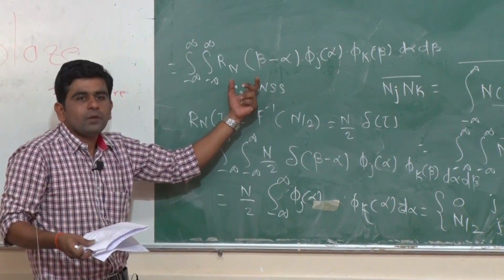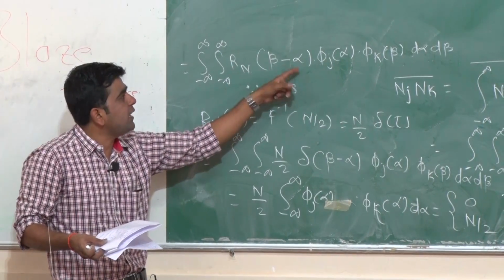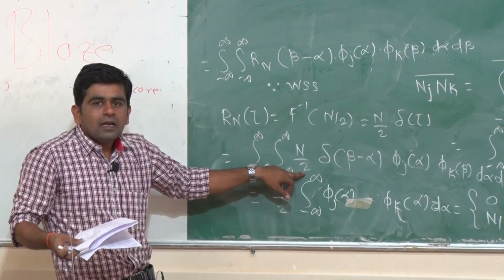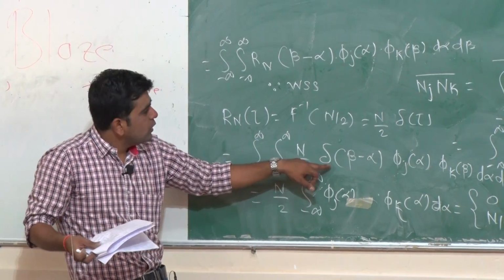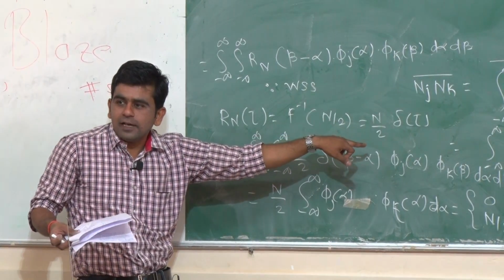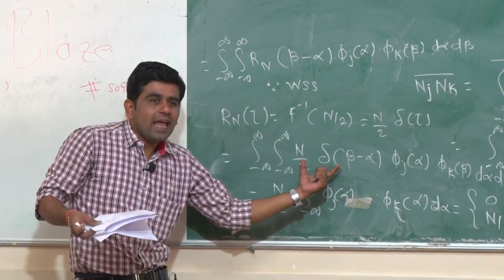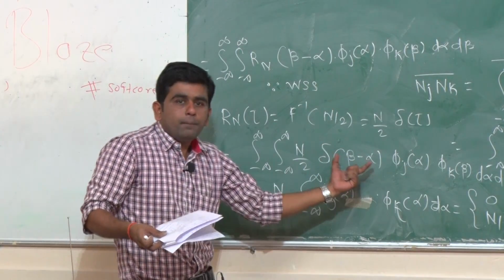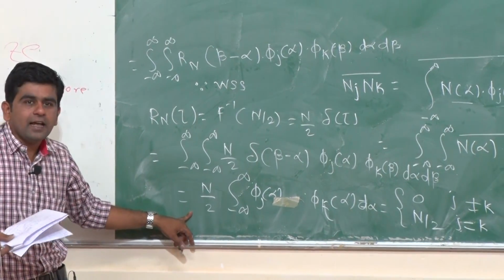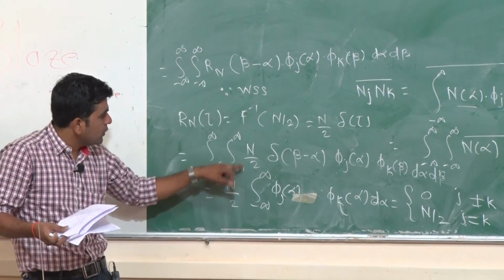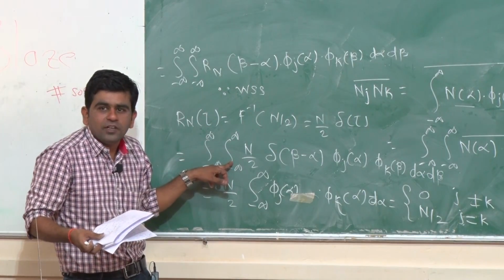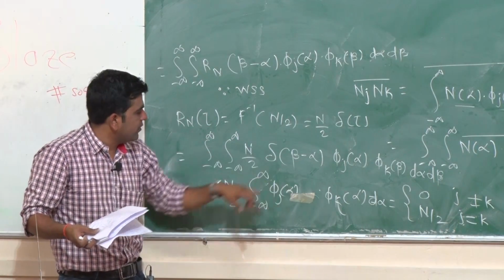Same thing here. This autocorrelation function R_nf of beta minus alpha can be represented as N by 2 times an impulse function at beta minus alpha. Is it clear? So this function is written as N by 2, integration from minus infinity to infinity of N by 2 impulse beta minus alpha.